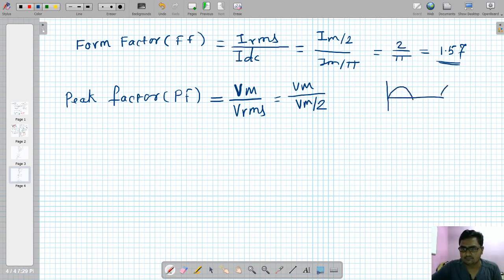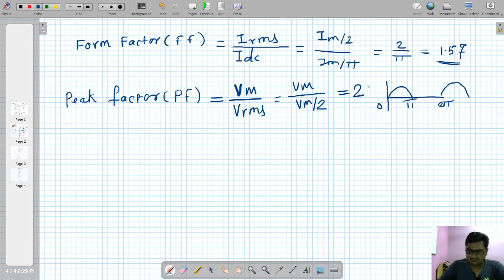From 0 to pi there is a voltage, from pi to 2 pi there is no output voltage. For this waveform we have derived Vrms equals Vm by 2. So this Vm will get cancelled, 2 will be there, and the peak factor will be 2. Form factor and peak factor are very small parameters related to rectifiers.